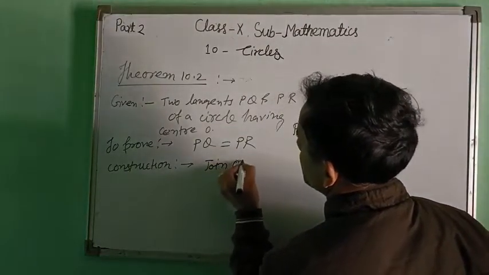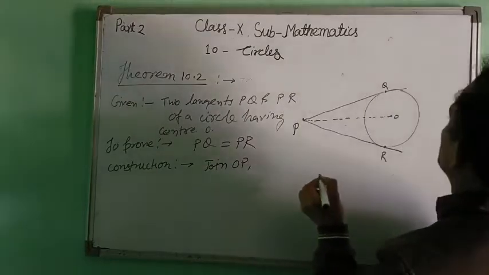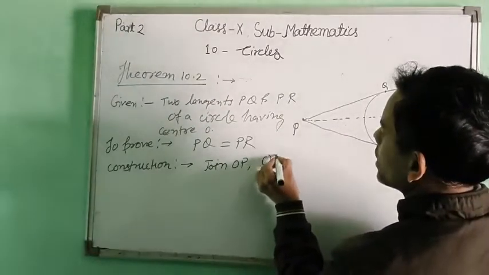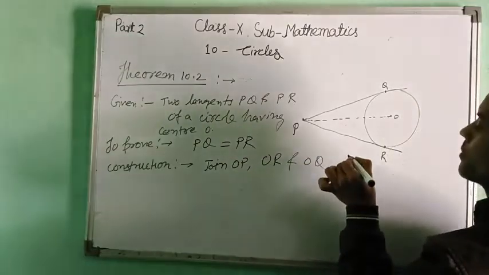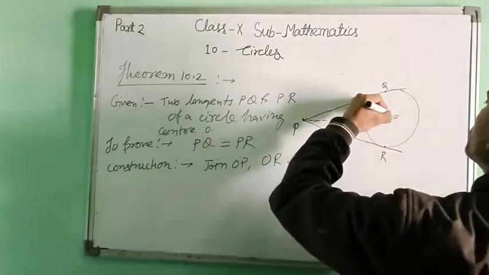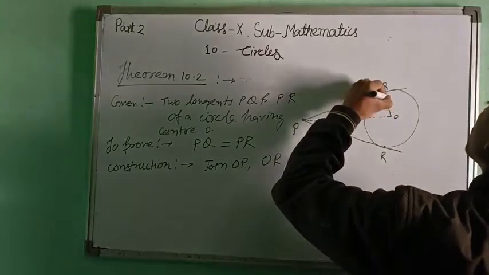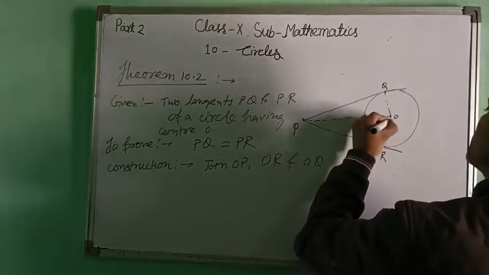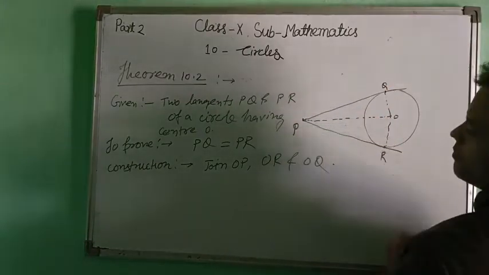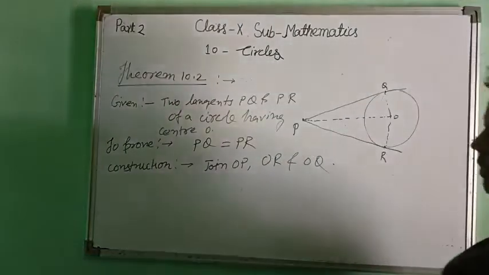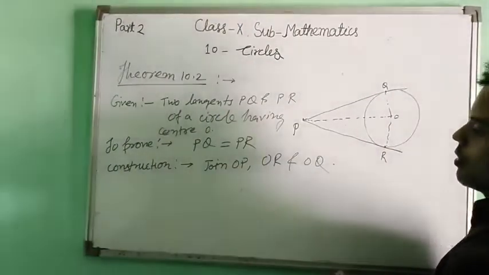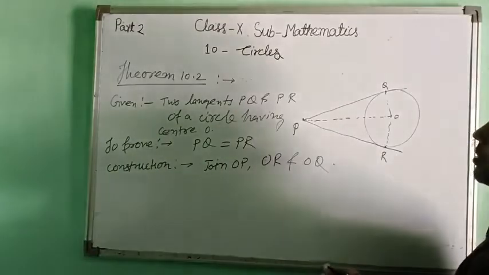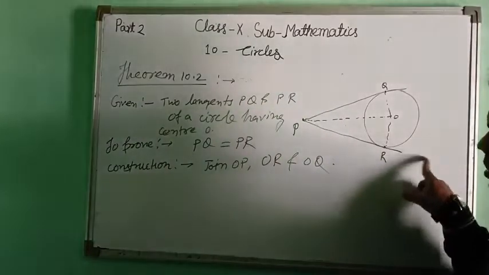Join OP, OR and OQ. Okay, so we are able to join these. And always do the construction with a dotted line.